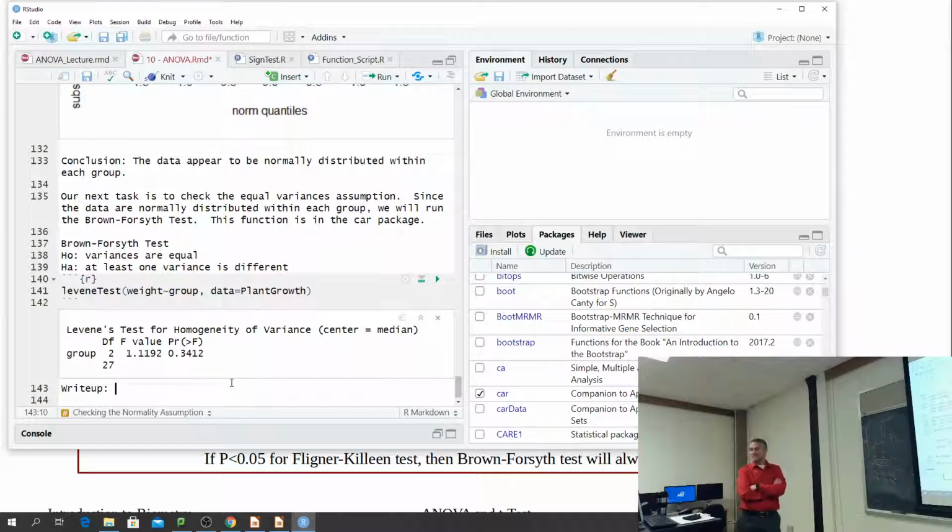It's a p-value. Look it up. It's in our notes. Where was it?